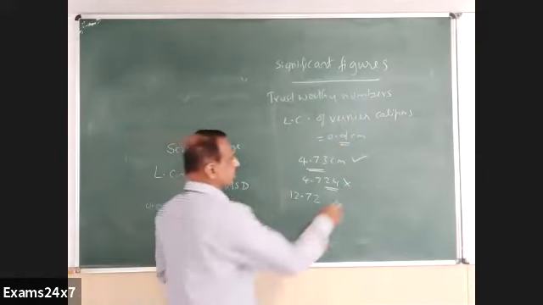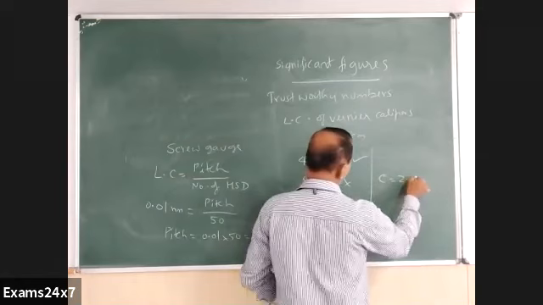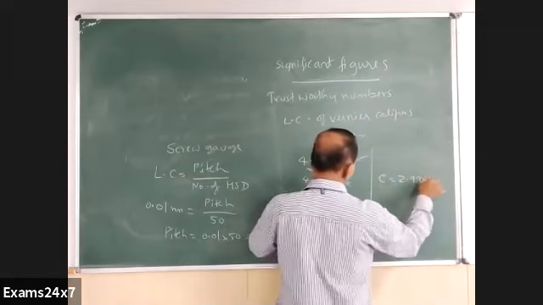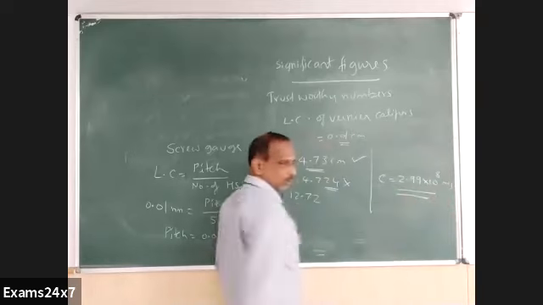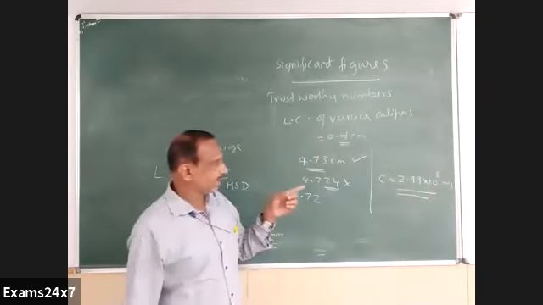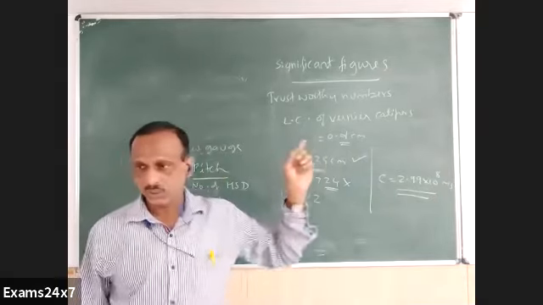And if you take the speed of light, it may be given as 2.99 into 10 power 8 meter per second. So the actual answer is 299 followed by 6 more zeros.